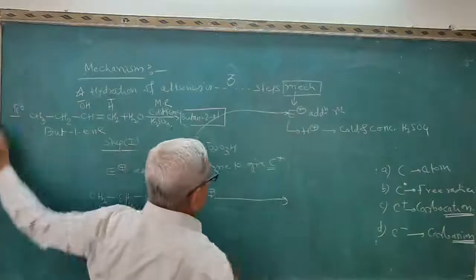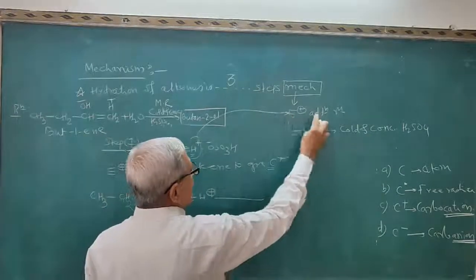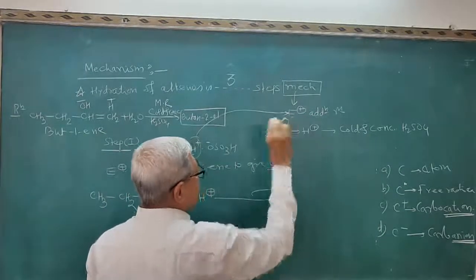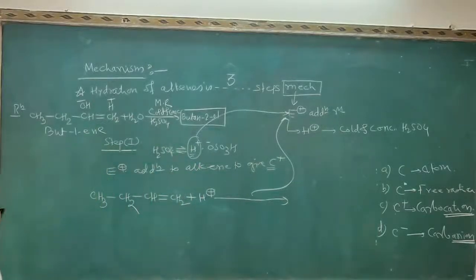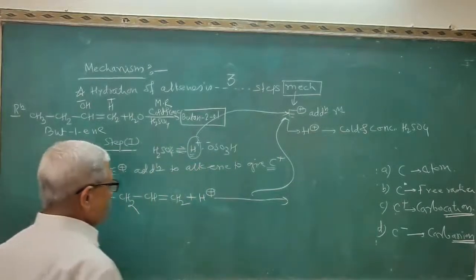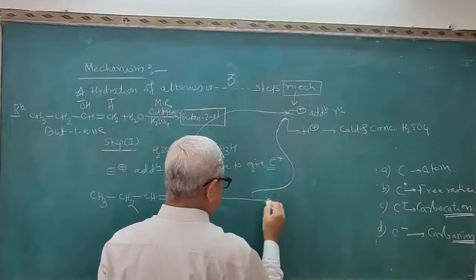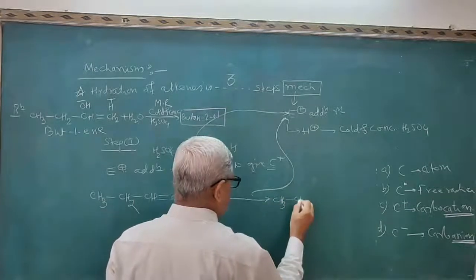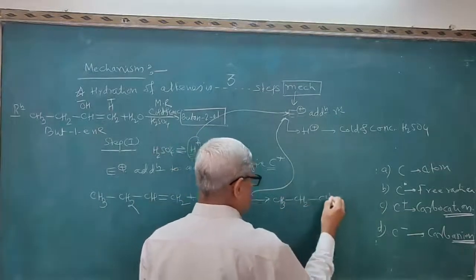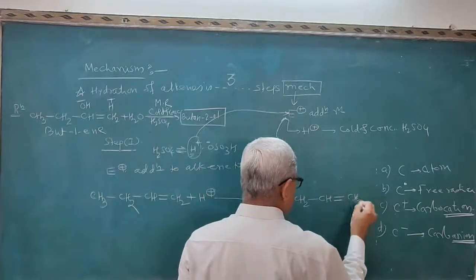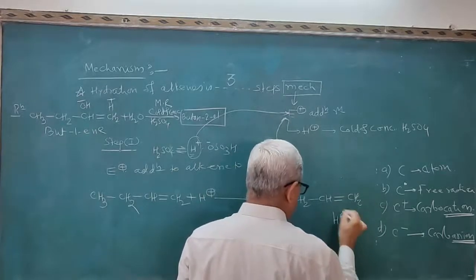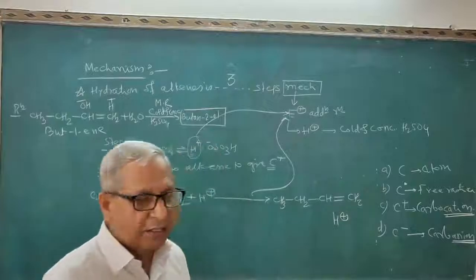What is the type of the reaction? It is an electrophilic addition reaction. So you will get a structure like this: CH3CH2CH=CH2, and the proton will be added to the carbon-carbon double bond.